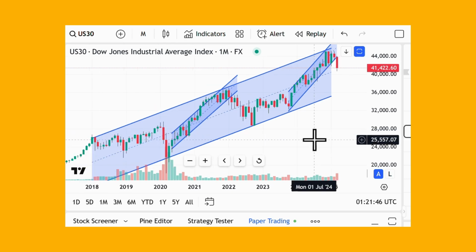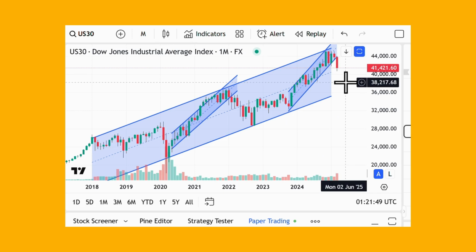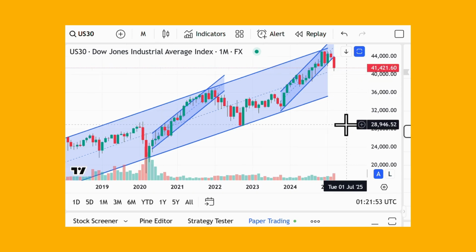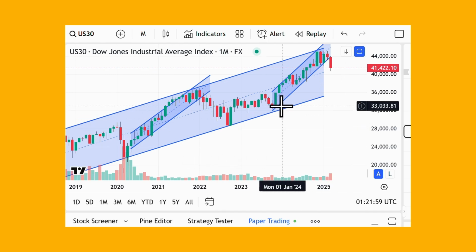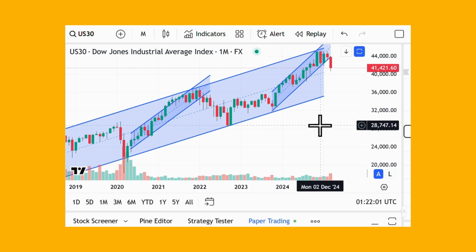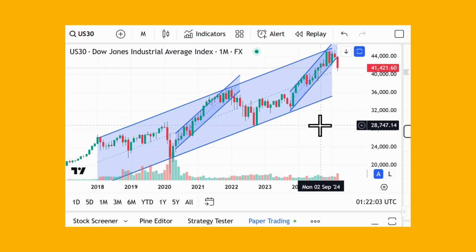So 41,600 was the level. We're now at 41,400. So we've definitely broken this uptrend channel since January 24. There isn't an ETF on the Dow Jones or US30, which is interesting.